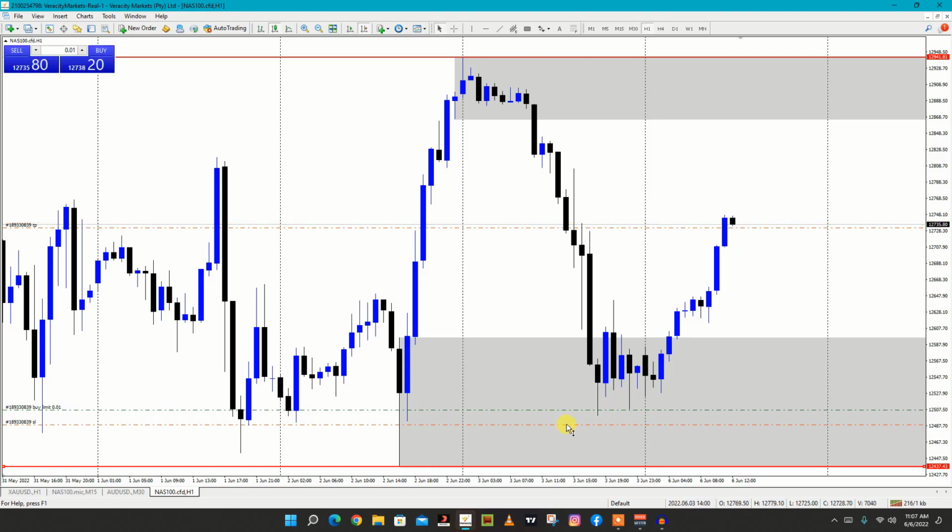I would have entered here, had my stop loss here. As you can see, my stop loss says 282, and price never got to my stop loss. When I entered there, it would have come here, and the drawdown would have been how much? Let's see, 120. Let me just confirm, 111 rands.